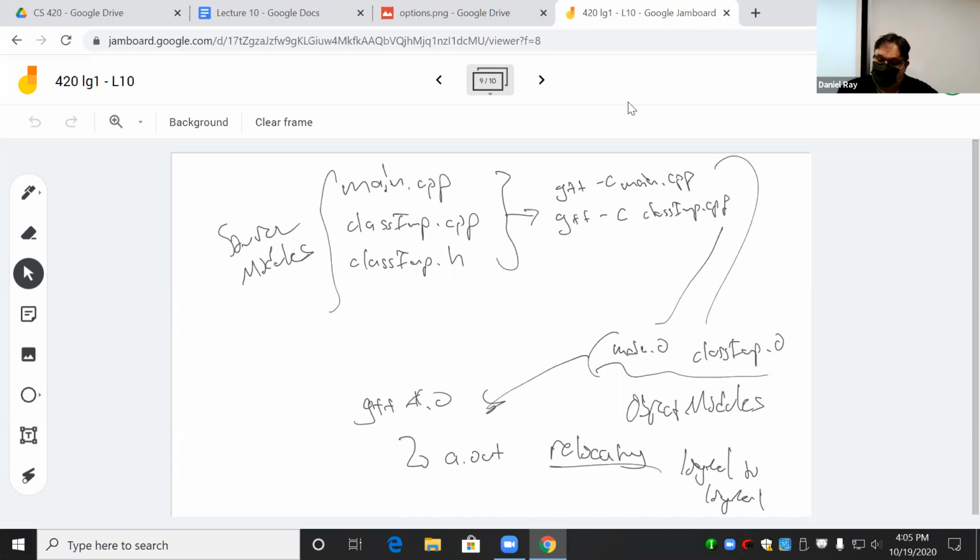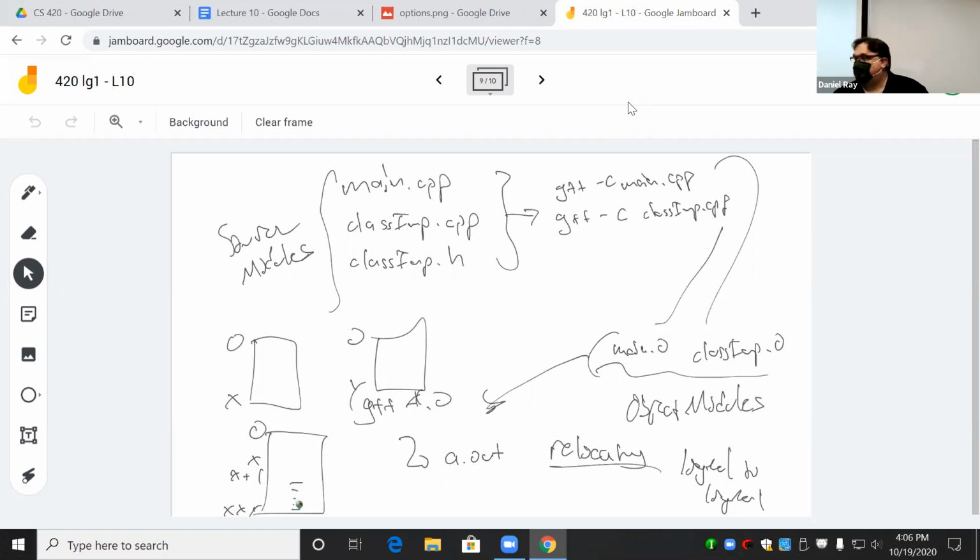So we would generally stack one of these on top of the other and then add the offset of the size of the first one to the addresses of the second one. So you've got two things: one goes 0 to X and one goes 0 to Y. Now the whole thing goes from 0 to X and X plus 1 to X plus Y. And all the addresses in here need to be updated with that. That's a logical to logical relocation. The linker does that for you.